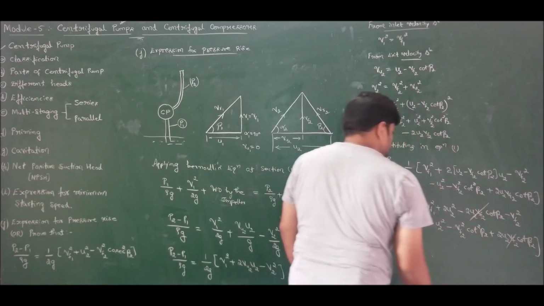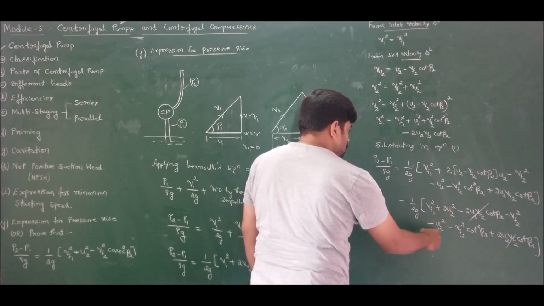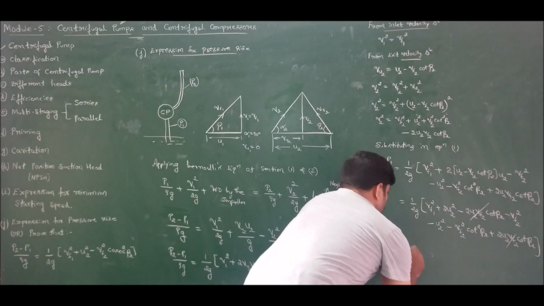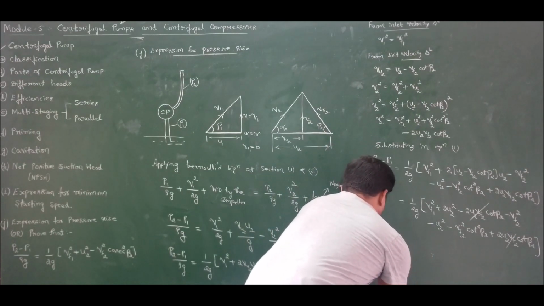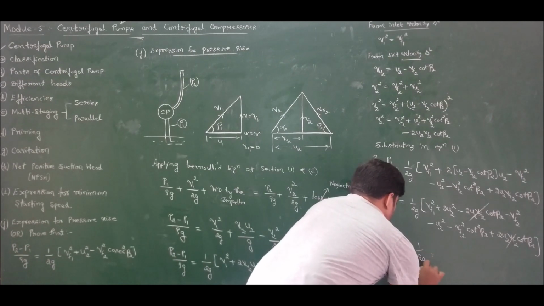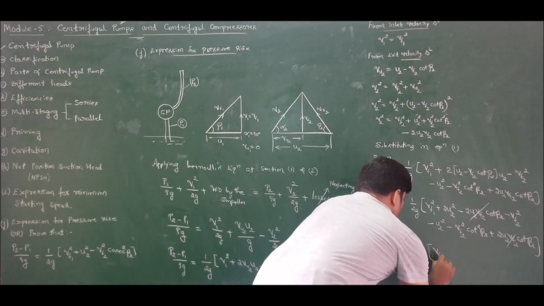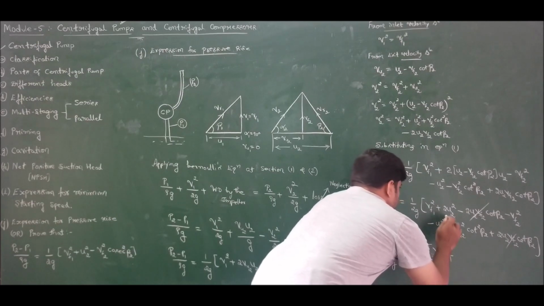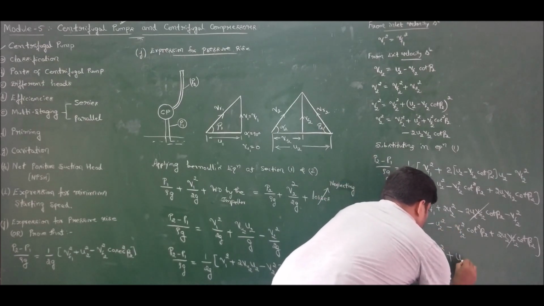So this term and this term will get cancelled. 2 U2 square minus U2 square is 1 U2 square. So therefore I will get P2 minus P1 by rho g as 1 by 2g into Vf1 square plus 2 U2 square minus U2 square is U2 square.